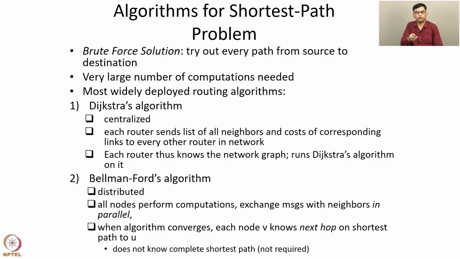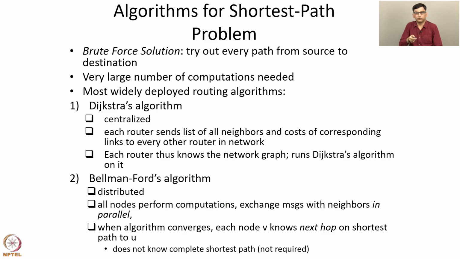In contrast, Bellman-Ford's algorithm is a distributed algorithm. Here, all nodes perform some computations and keep on exchanging messages with their neighbors in parallel. When the algorithm converges, each node V knows the next hop on the shortest path to every destination U. It does not know the complete path, but the complete path is not required.